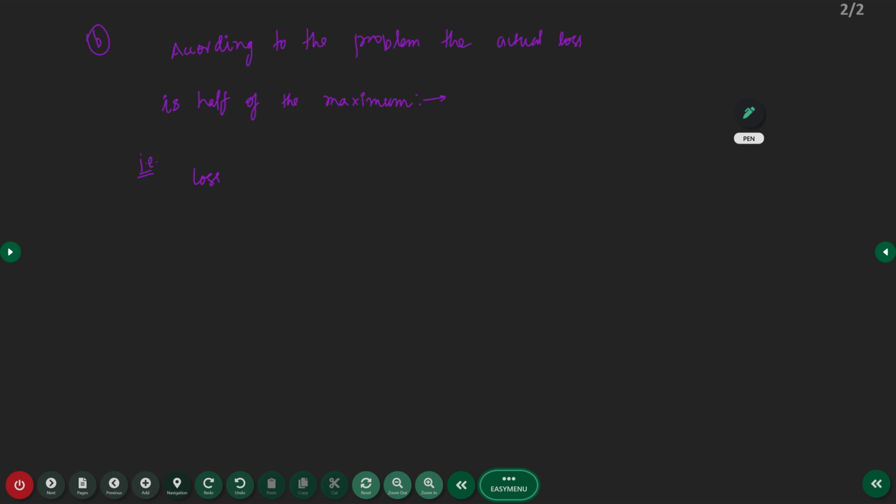That is, loss equals max by 2, that is equal to 2 by 2, that is equal to 1 joule. Okay. Any problem till here?